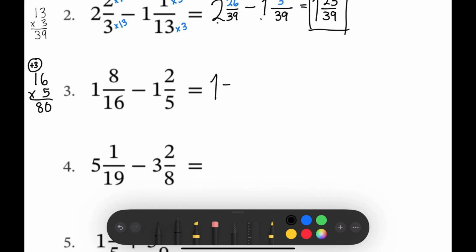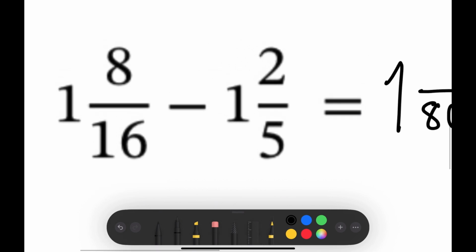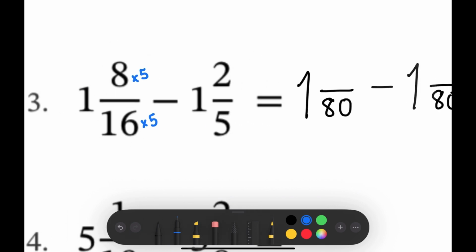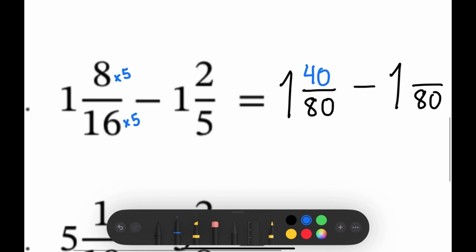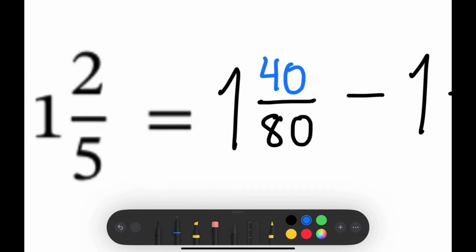So 1, my denominator is 80, minus 1, my denominator is 80. So going back here, what we did was we multiplied 16 by 5 to get 80. So whatever we do at the bottom, we do at the top. So 8 times 5 is 40. Do we see how this can be reduced already?